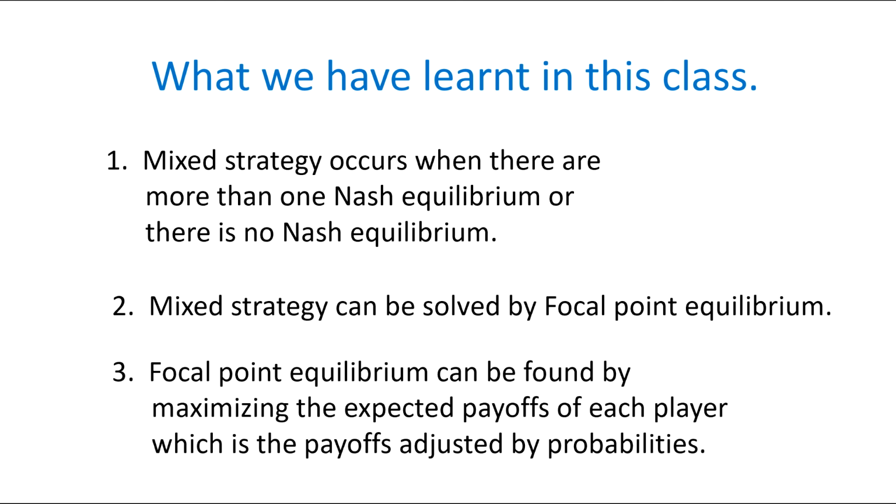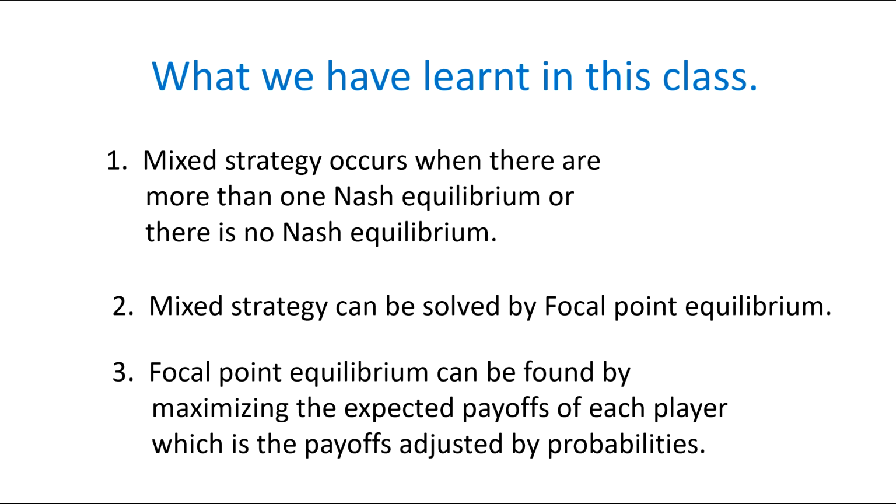Now, we are at the end of the class, and here is what we have learned in this class. First, we have the mixed strategy, and the mixed strategy occurs when there is more than one Nash equilibrium or there is no Nash equilibrium at all. Second, the mixed strategy can be solved by the focal point equilibrium suggested by Thomas Schelling.